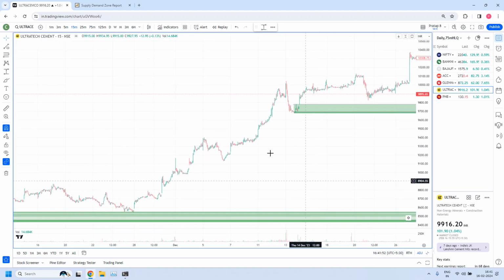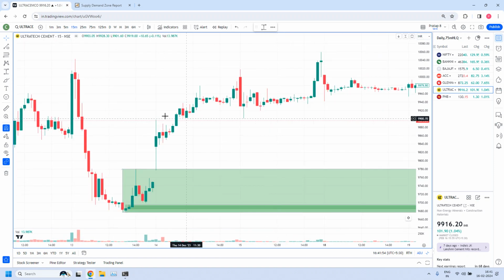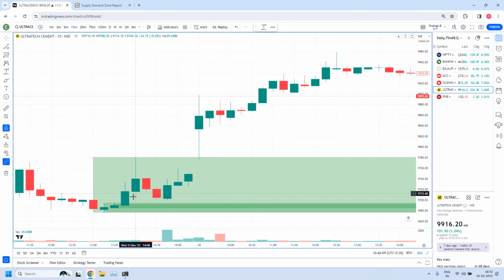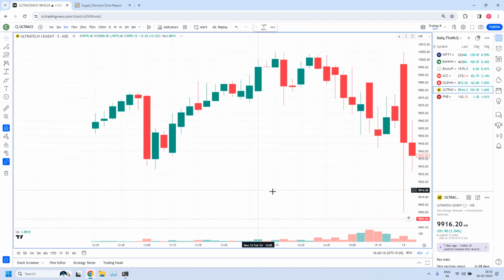So we identified a 15-minute zone here: drop, 2 base candles and a rally. After that, before entering into this 15-minute area, see how price has turned up. That means there is strong order flow in this area. Of course, inside 15 minutes we fine-tuned 5 minutes. If you look into 5 minutes, you will understand.